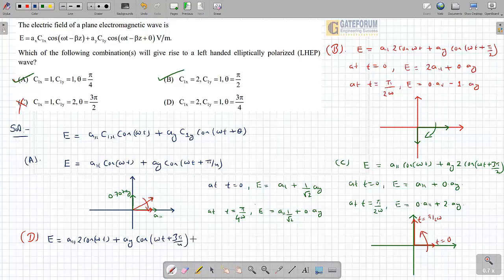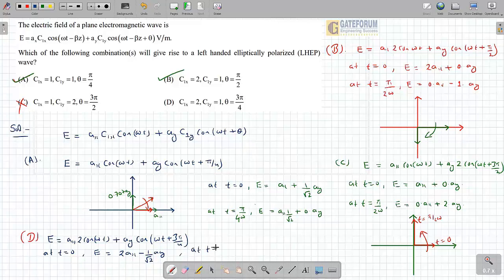Okay, so let us write down the equation. At t equal to 0, E is going to be 2Ax. Cos 3 pi by 4 is minus 1 by root 2. So that will become minus 1 by root 2 Ay. Right.